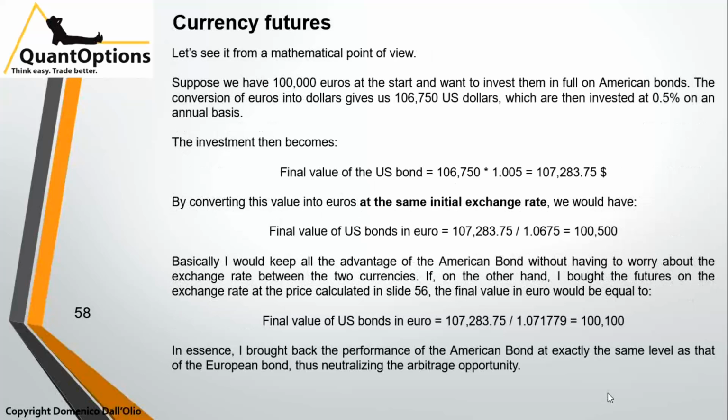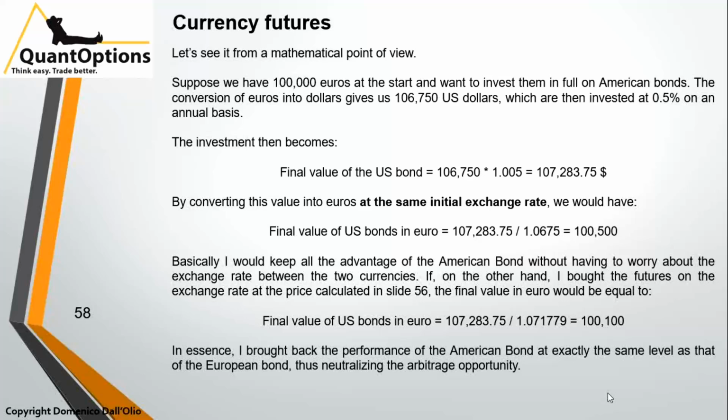Suppose we have 100,000 euros at the start and we want to invest them in full in American bonds. The conversion of euros into dollars gives us 106,750 US dollars, which are invested at 0.50% on an annual basis.